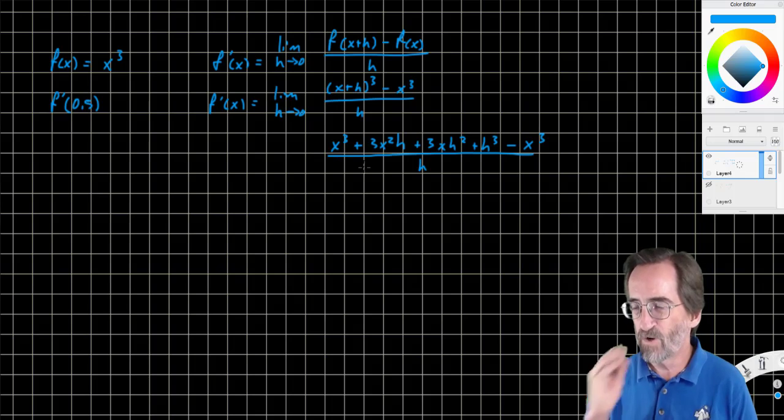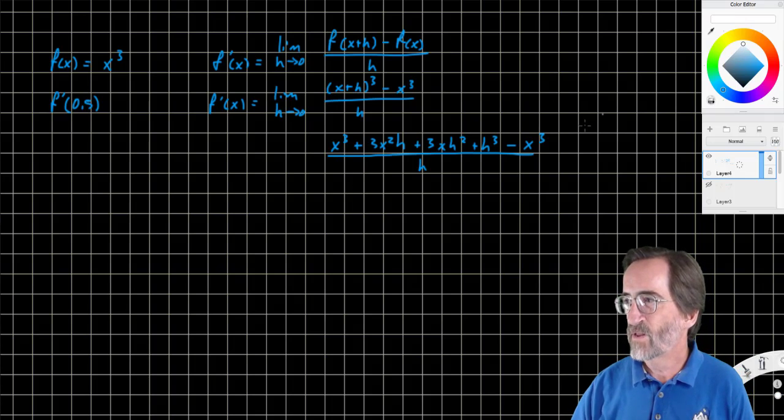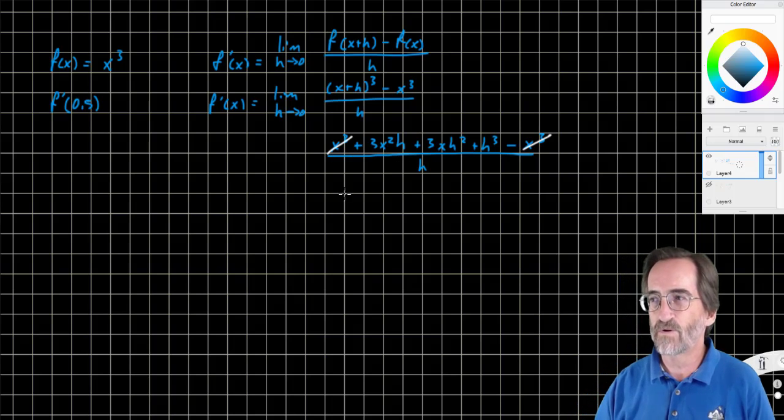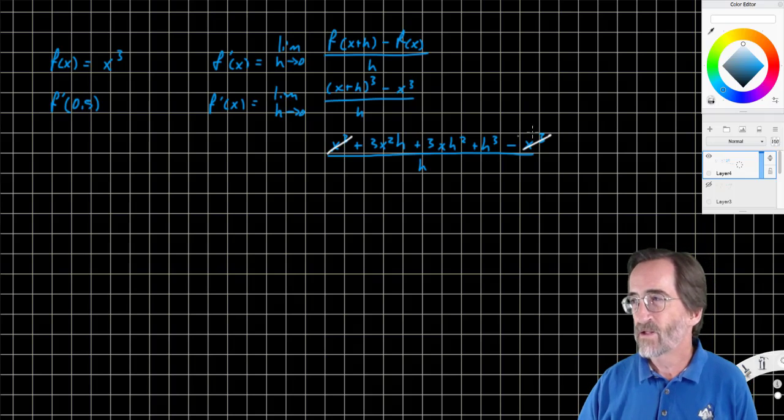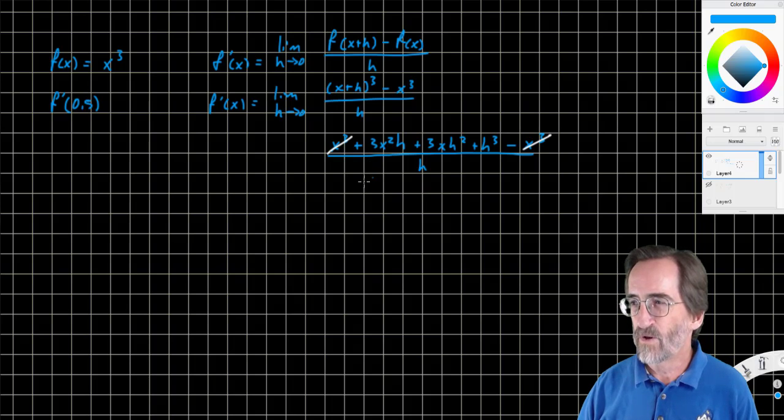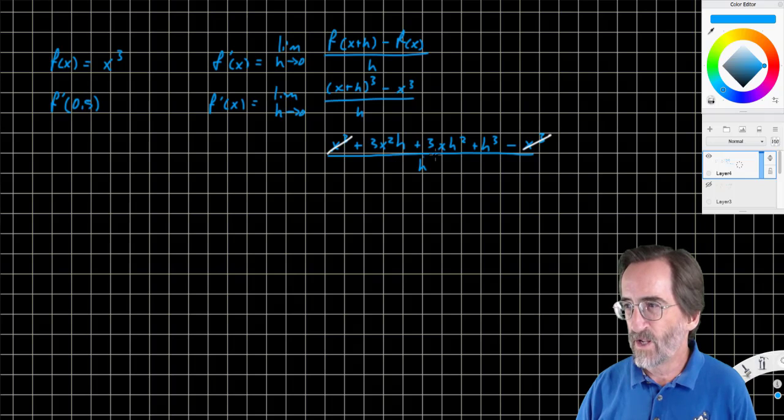Again, I'll put in the preliminary stuff here in a little bit. All right, so now minus x cubed and x cubed. And this is a really important step. If this cancellation doesn't occur, this is unsolvable. But we end up with 3x squared h. I'm just going to leave it like that here. I'm going to factor out an h out of the top.